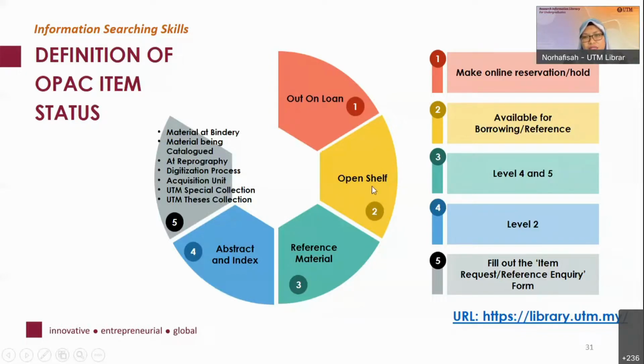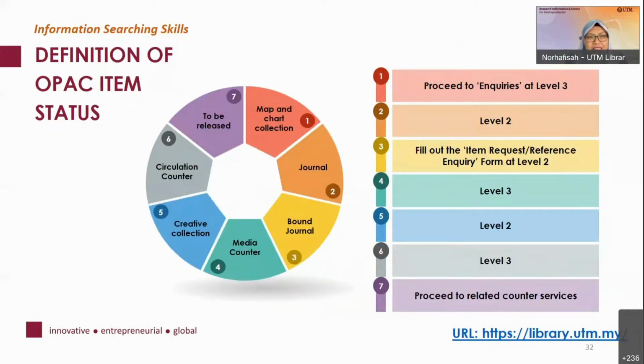If the status is open shelf, it means the book is available and you can go to the library and borrow. This is another status for the books. We will share this slide later.